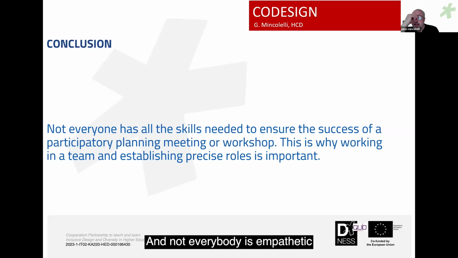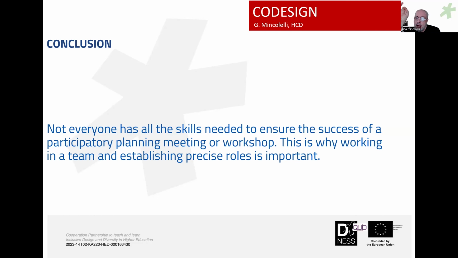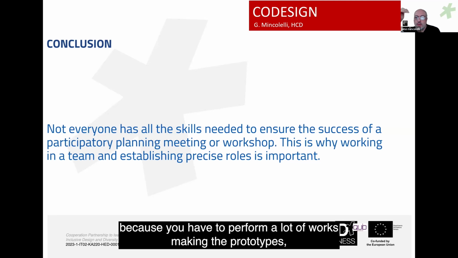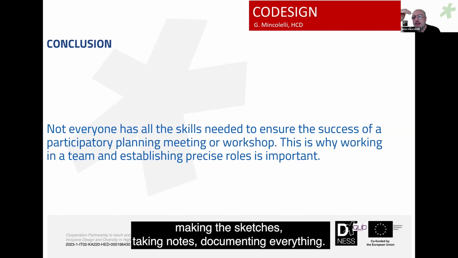And not everybody is empathic, but the co-design process requires a team, because you have to perform a lot of work: make the prototypes, make the sketches, take notes, document everything.